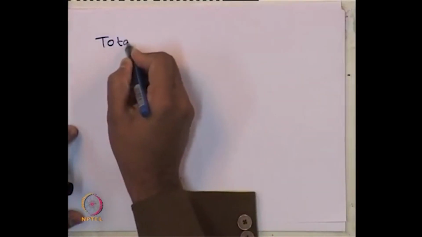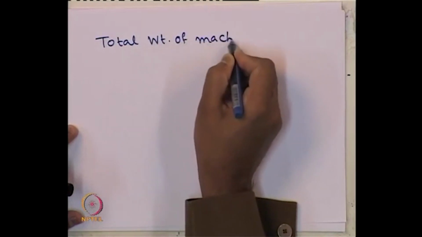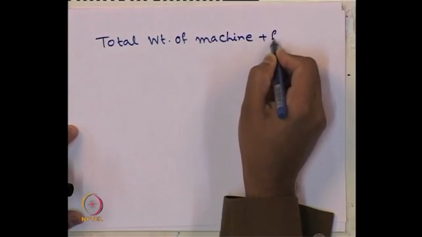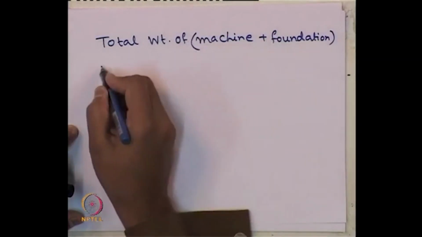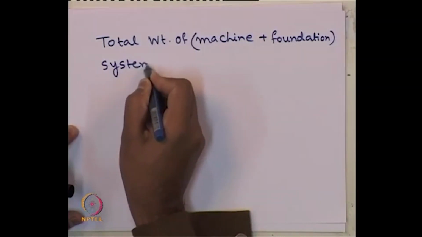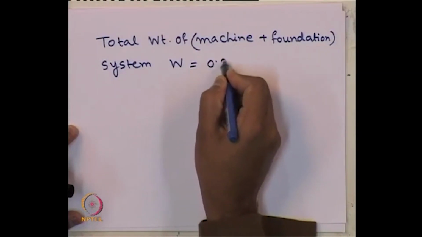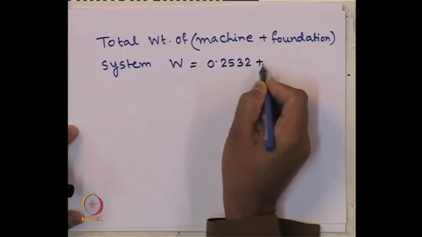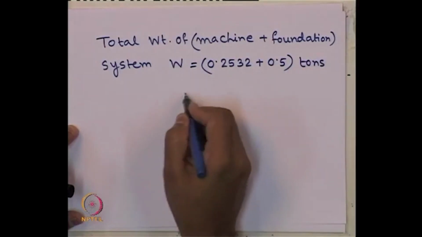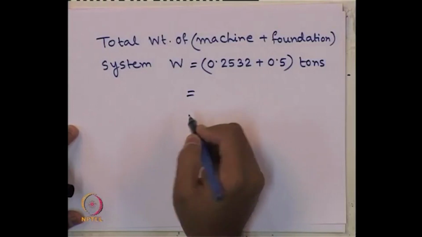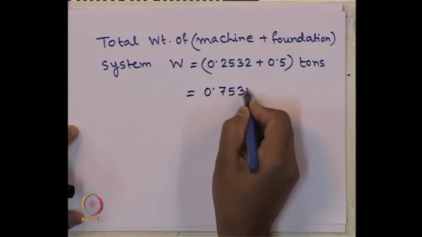Total weight of machine plus foundation system, that is W equals 0.2532 plus 0.5 tons. Fine. So, it is giving me about 0.7532 tons.